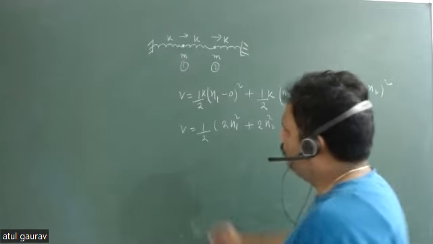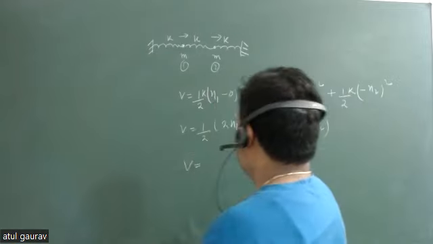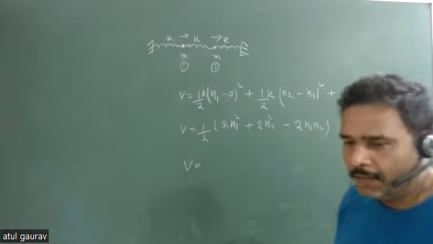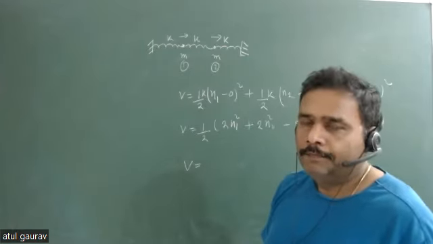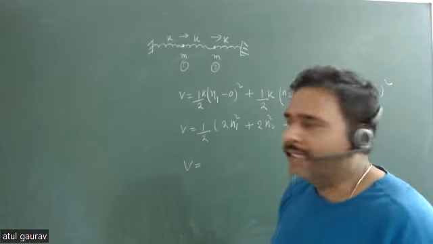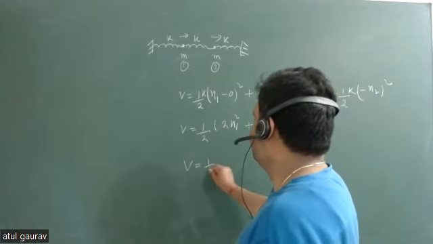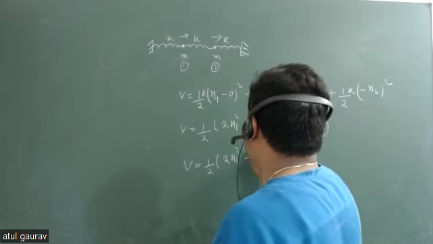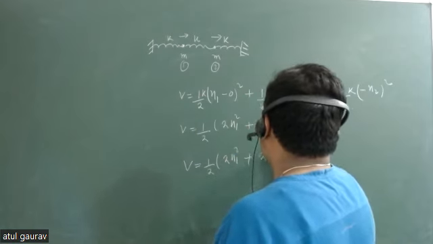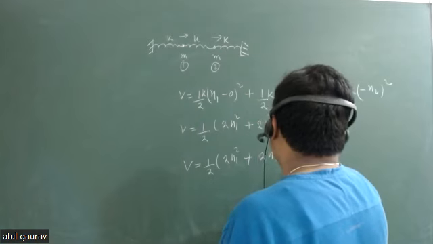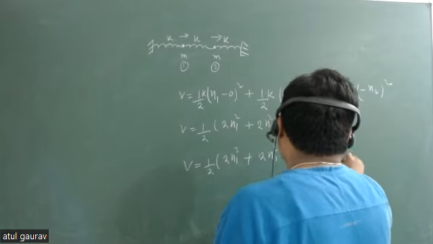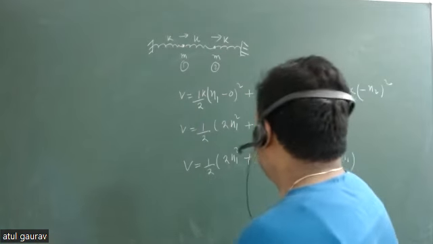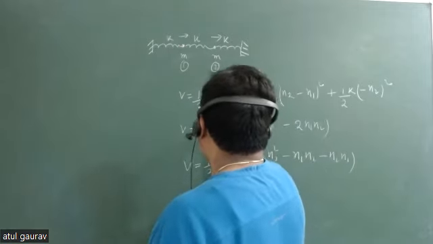What is my next step? Make it a symmetric matrix. When we make it symmetric, half 2 times eta 1 square is diagonal. This is also diagonal, but this I can write as eta 1 eta 2 minus eta 2 eta 1. And k will also be there.